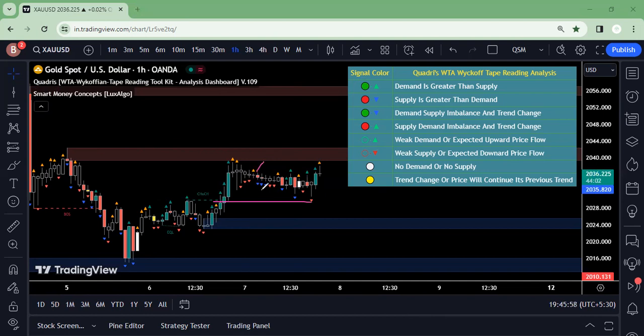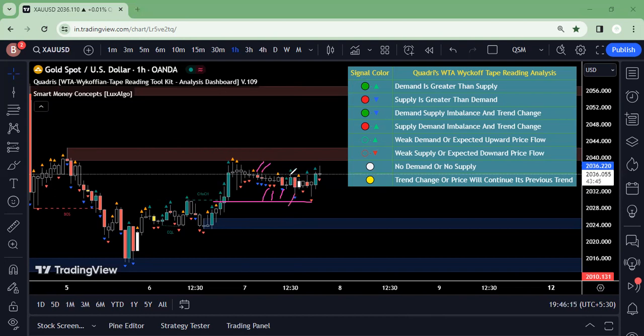This is the first candle, second candle, again weak supply, or expecting a downward price movement. That makes us come down.